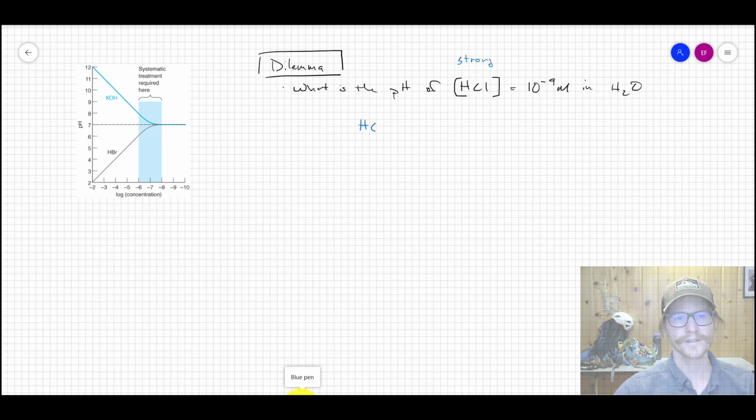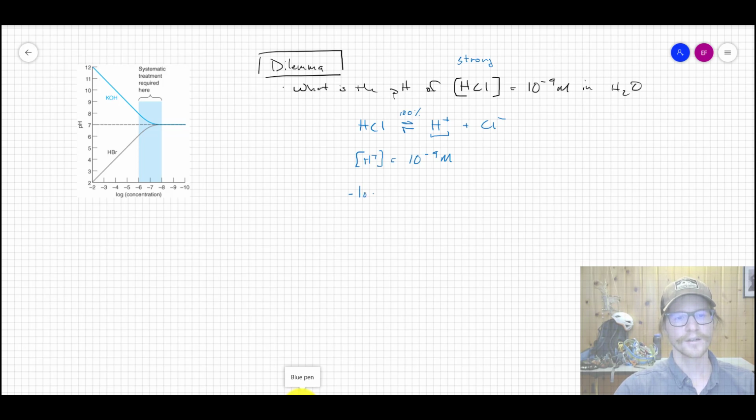Well, strong acids mean that the equilibrium lies dominantly towards products, which means that we can assume that HCl is just 100% dissociated. So whatever concentration of HCl we have, in other words, since it's 1:1, that's the concentration of our protons in solution. And for that reason, if the H plus concentration from HCl is 10 to the minus 9 molar, then to get to pH, we simply just need to take the negative log of this value.